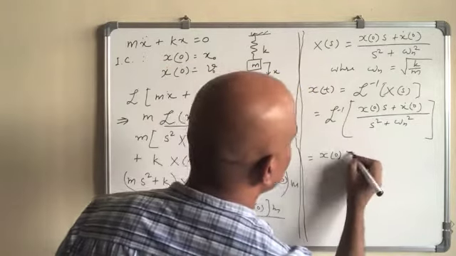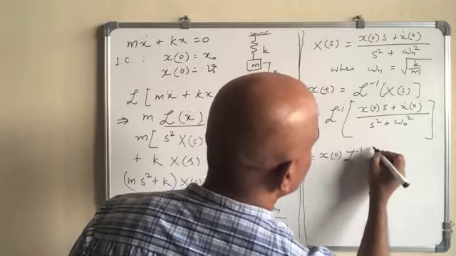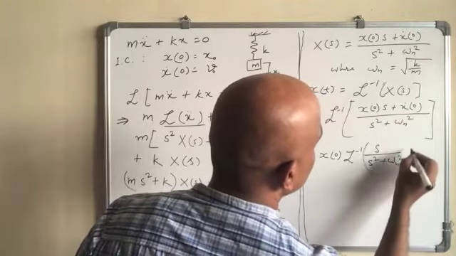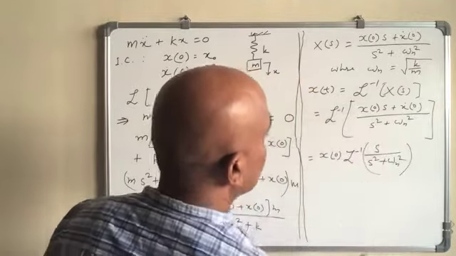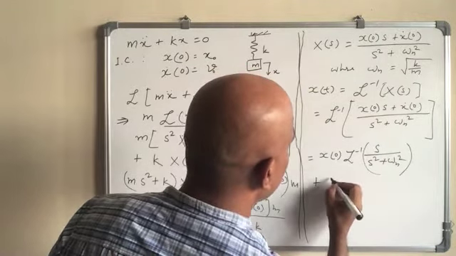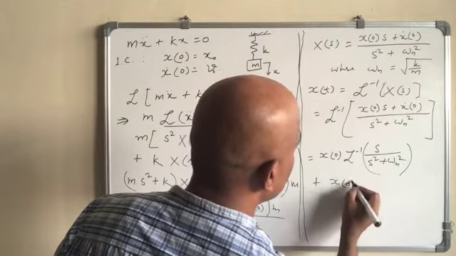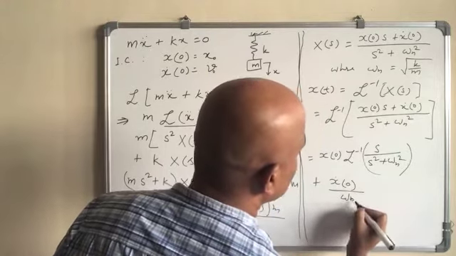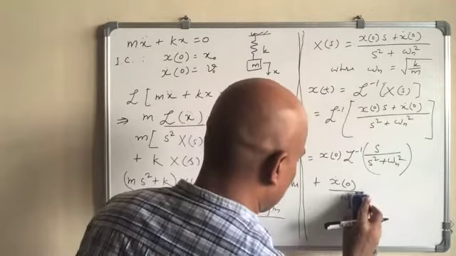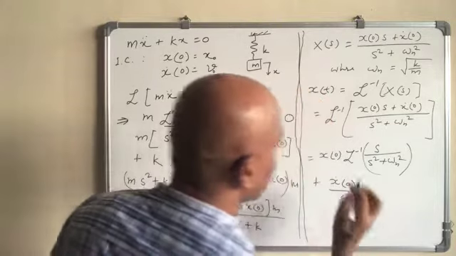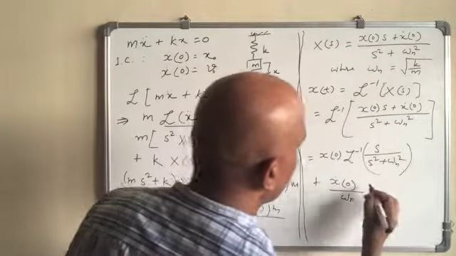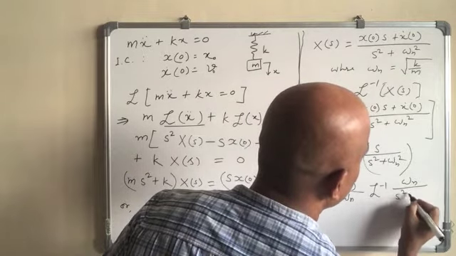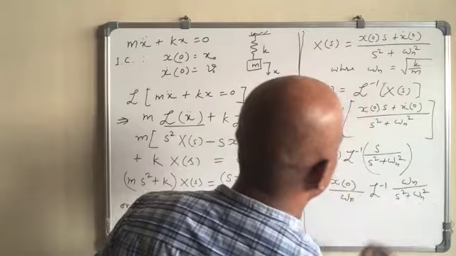So this is constant, so L inverse of s over s square plus omega n square, this term, plus we have x dot naught divided by omega n. Why? Because this will give a function basically. So omega n here, and then L inverse of omega n divided by s square plus omega n square.